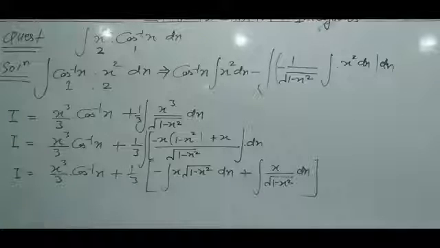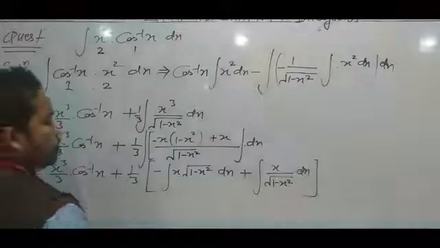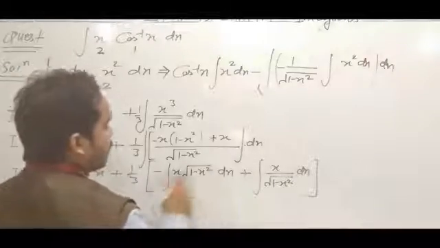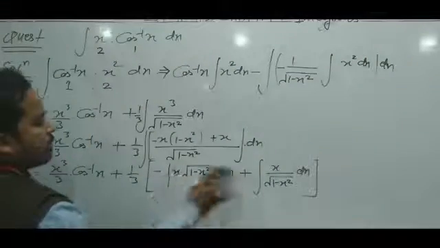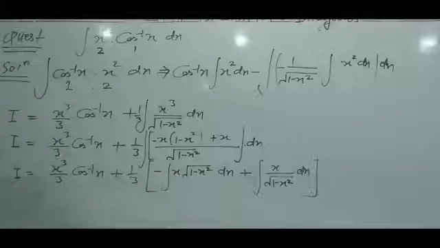So when you consider 1 minus x square as t, the result will be t to the power 3 by 2 whole upon 3 by 2. And now minus 2x dx, so minus x dx means minus 1 by 2 will be here, means 1 by 2.